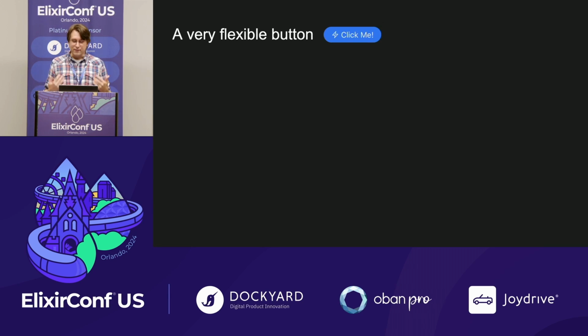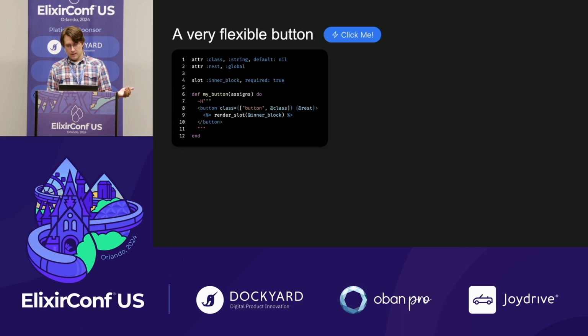So let's make a very flexible button component. Our button requirements haven't changed, but we want to build a more flexible version of it. So just remove all the attributes. Just replace them with one global, right? We've got the attr :rest, :global.